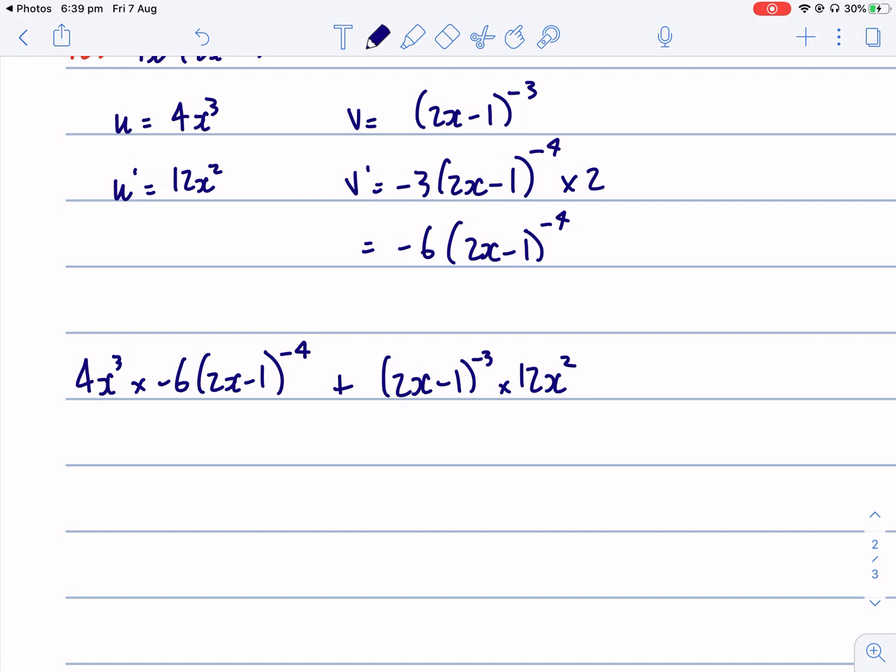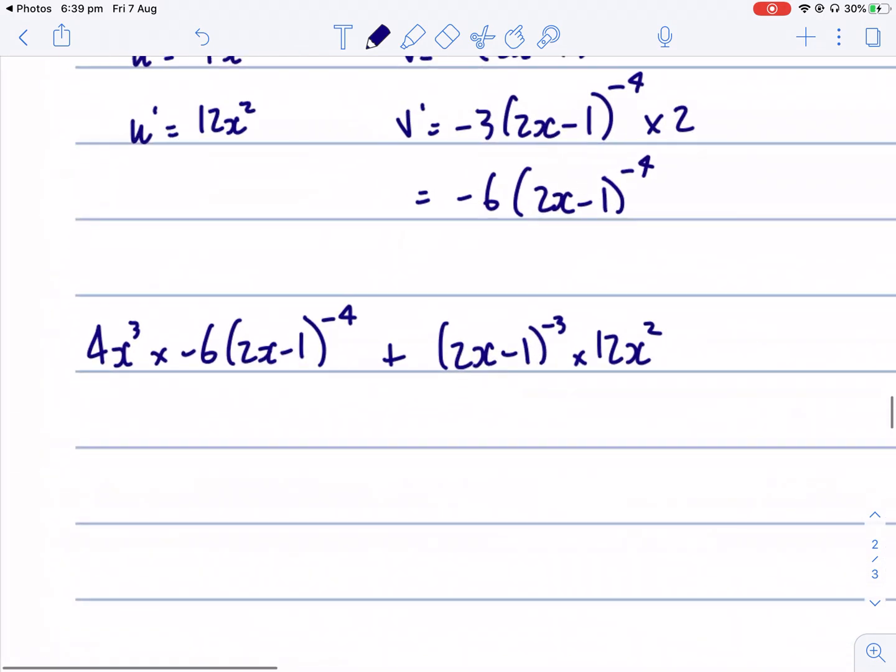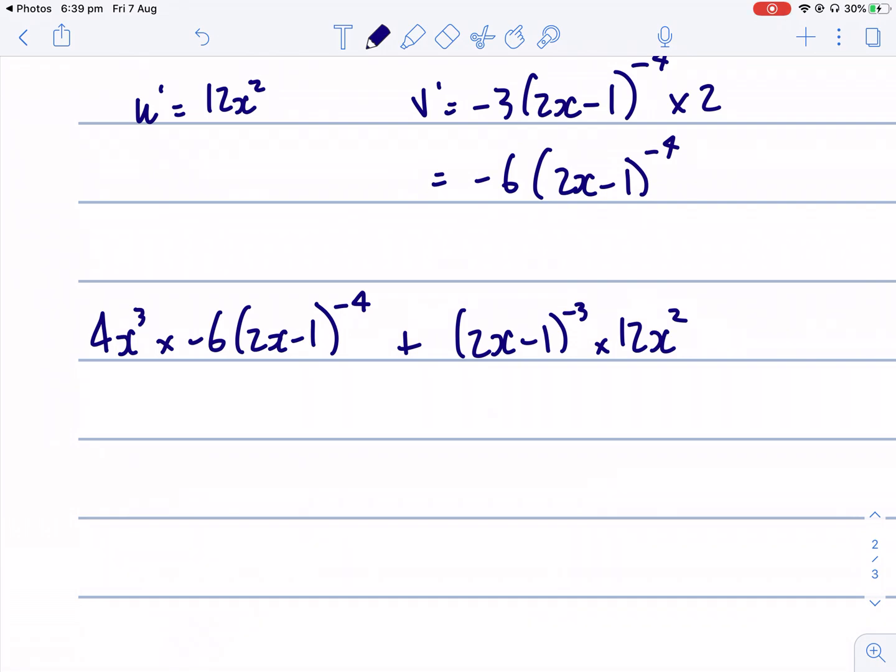Honestly, to save yourself some time, I would skip the really annoying working out with these. No, actually, I'm going to do it because the negatives confuse us a little bit. Okay.